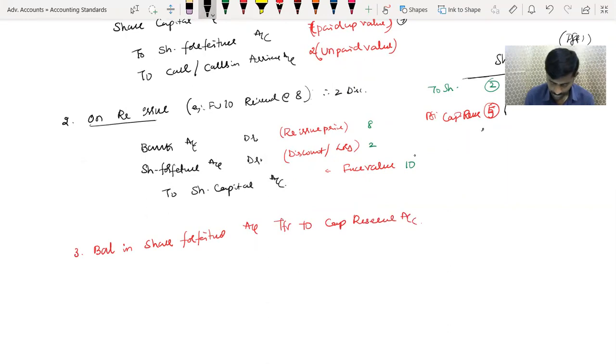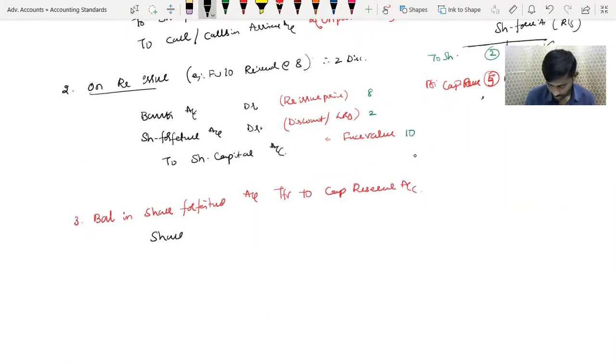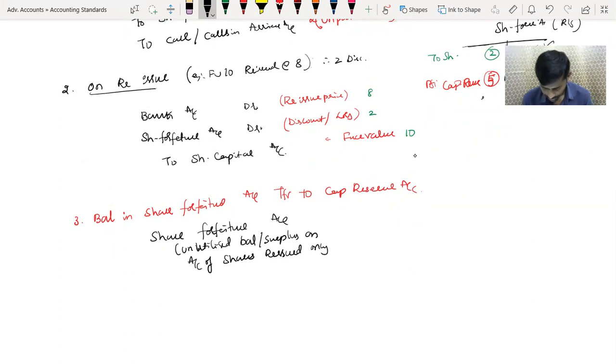So therefore, the entry: share forfeiture account, which is the unutilized balance or surplus on shares reissued, whatever amount is there, to capital reserve account.